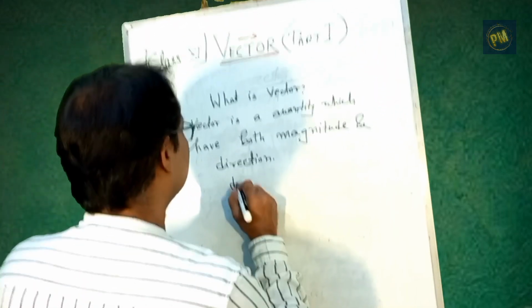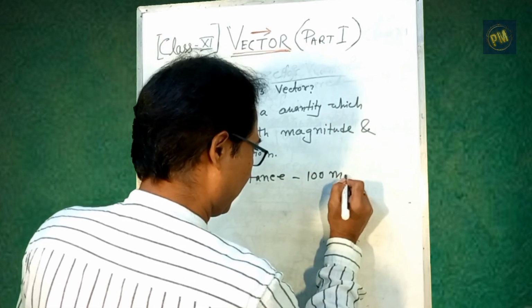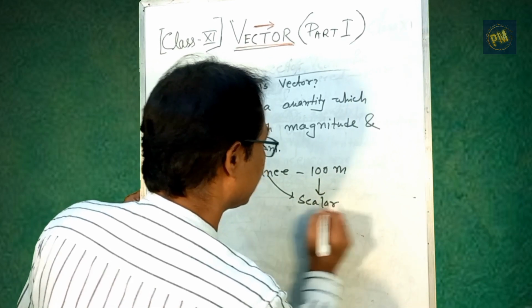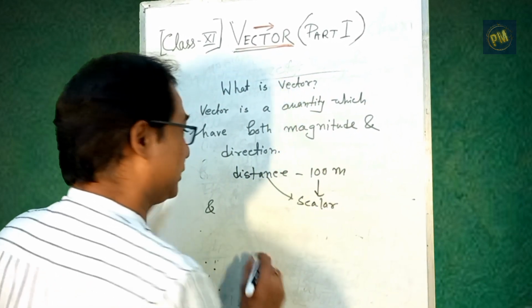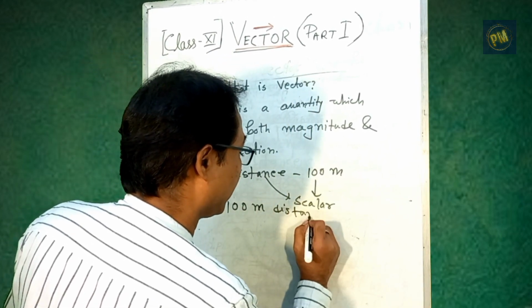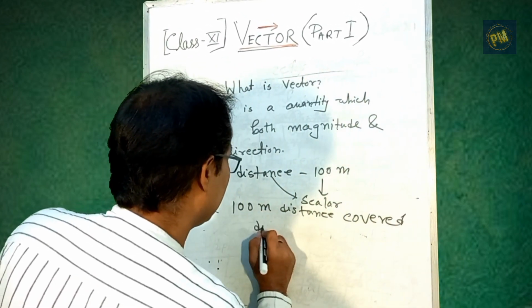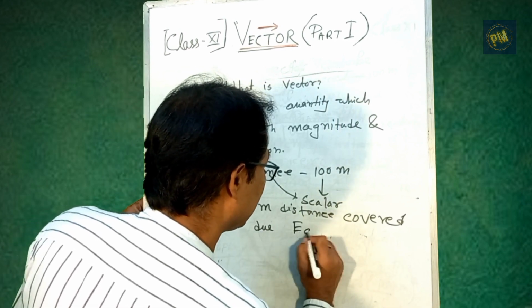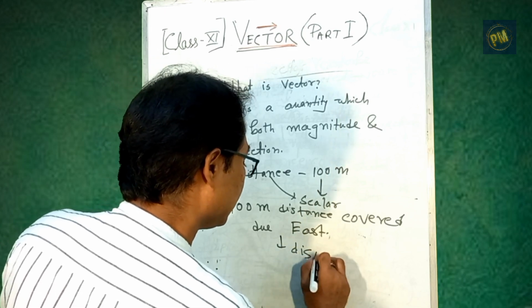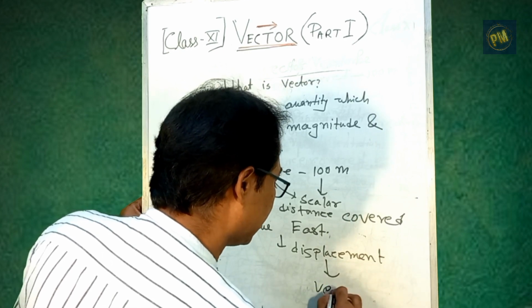So distance 100 meter, it is a scalar, and the 100-meter distance covered due east, that is displacement, it is a vector quantity.